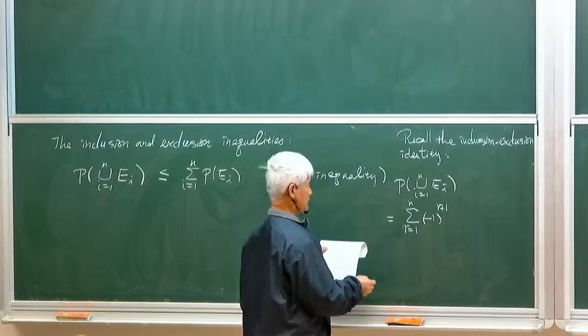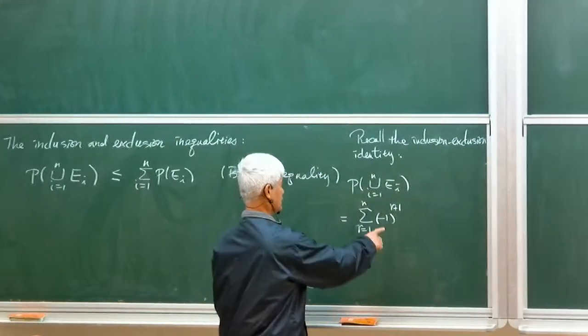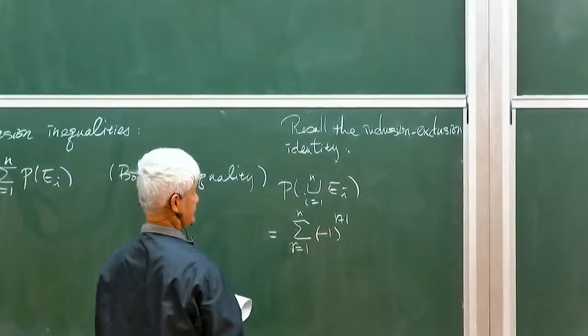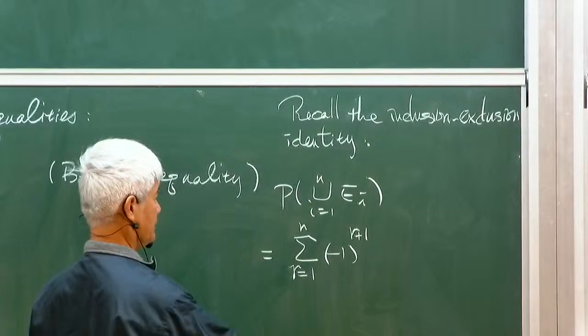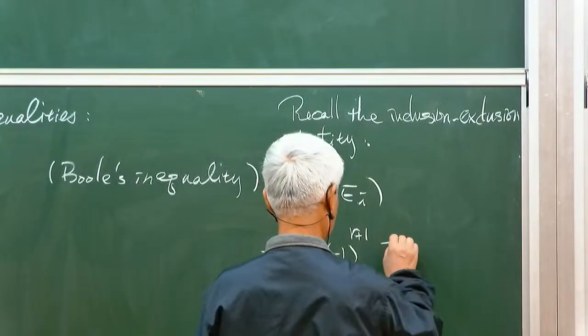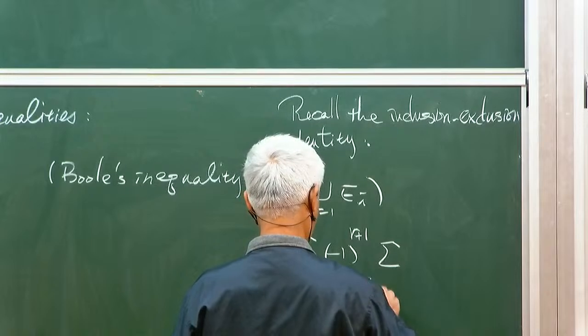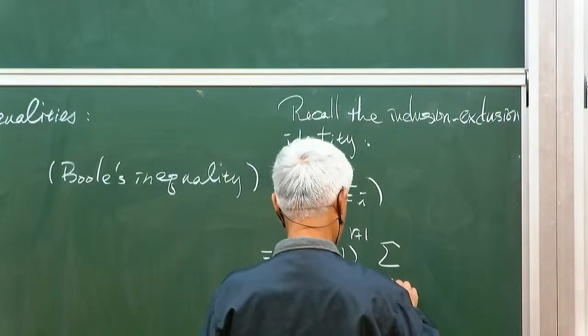So some summation of the following terms, and each term is related to this power of minus 1, and also we need r indices.